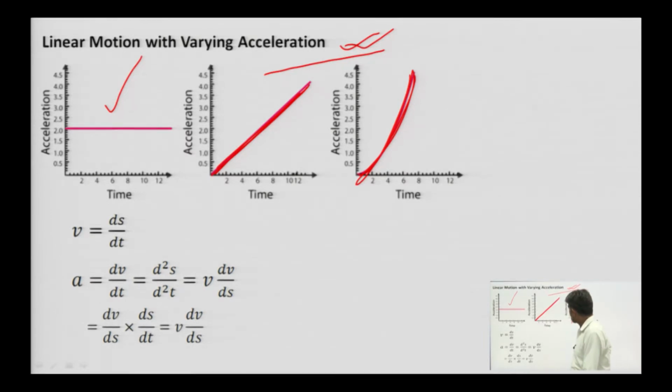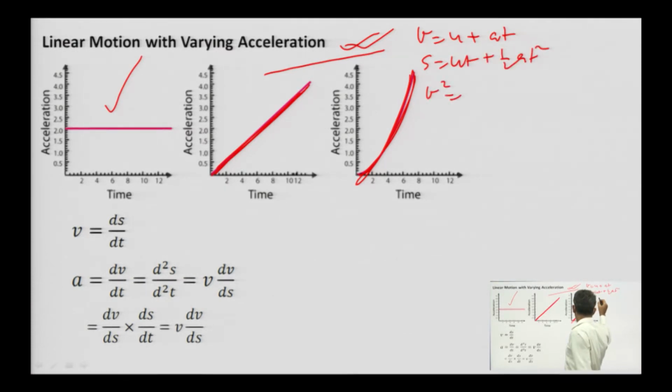In that case, the equations which have been derived, v is equal to u plus at, s is equal to ut plus half at square, v square is equal to u square plus 2as, are not applicable here.